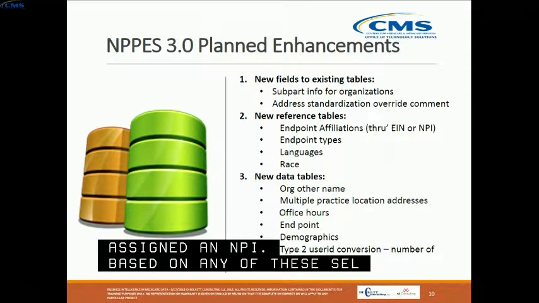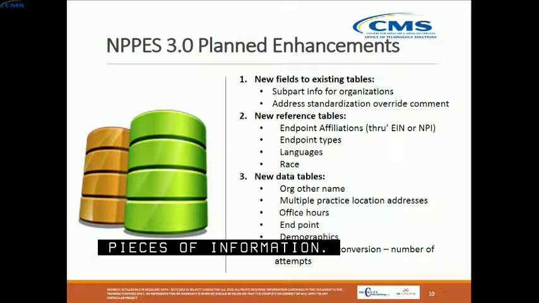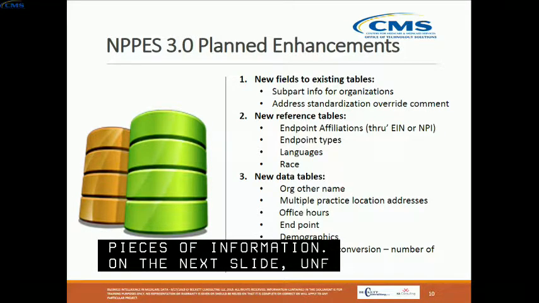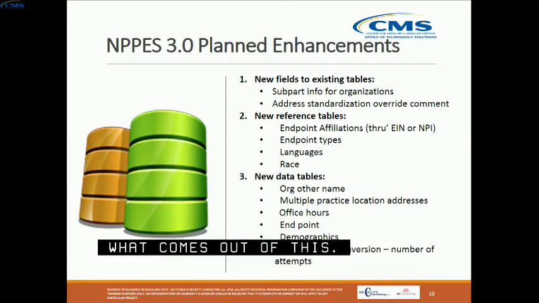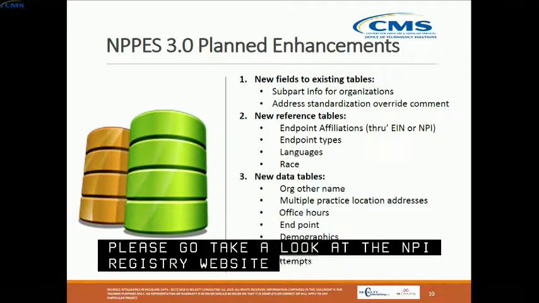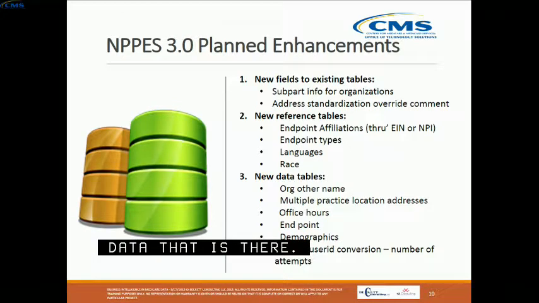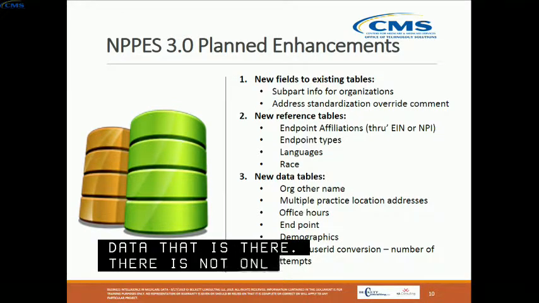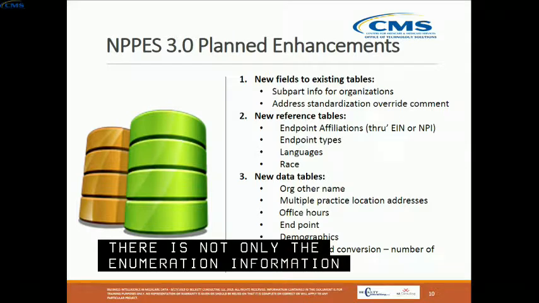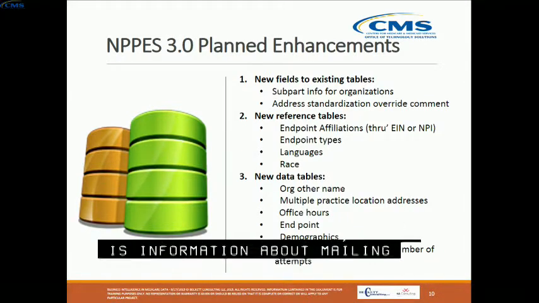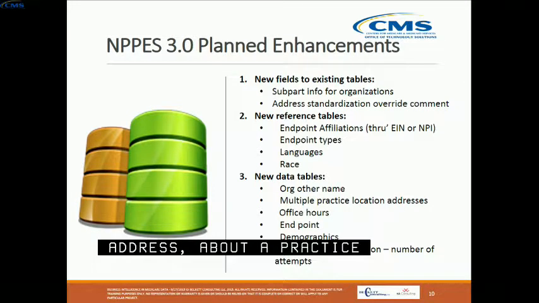Unfortunately, I didn't provide an example here of what comes out of this, but please go and take a look at the NPI registry website, and I think you'll be amazed at the amount of data that's there. There is not only the enumeration information, there's information about mailing address, about a practice address, about the organization with which the individual works.